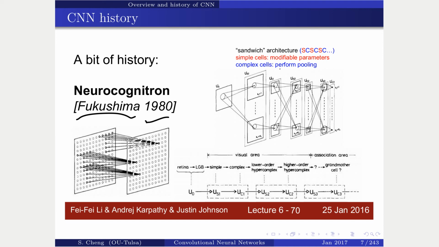I guess the main thing is he realized that for a neural system to manage visual data, it should have some spatial invariance. If you have an object here and I shift it a little bit, I shouldn't process it as a totally different thing, right?